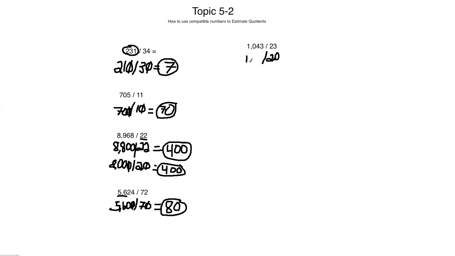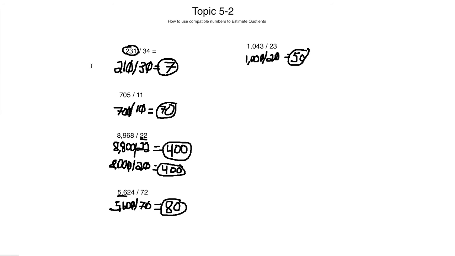Yes, it can. So I'm going to make this 1,000, because that makes it a compatible number. Cross out the zeros. 2 goes into 10 5 times. And you have 1 0 left over. So my quotient is 50. You got that? Great job.